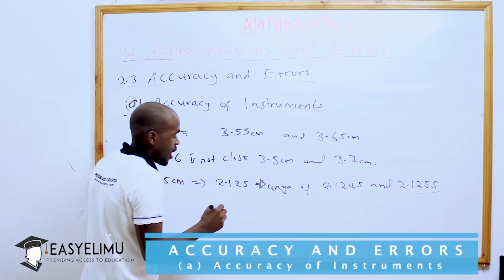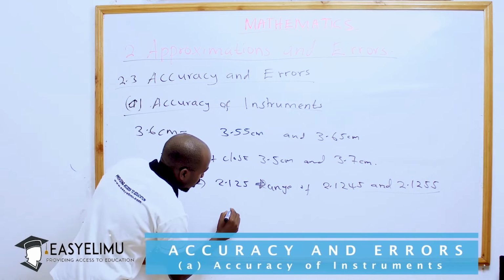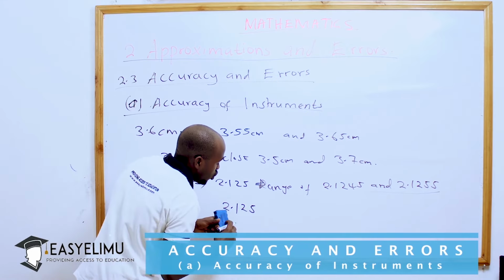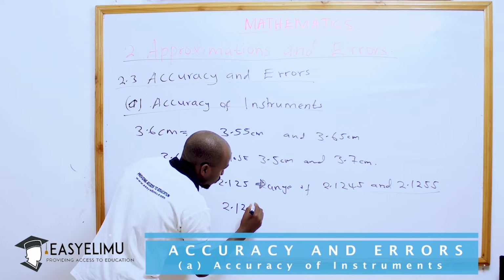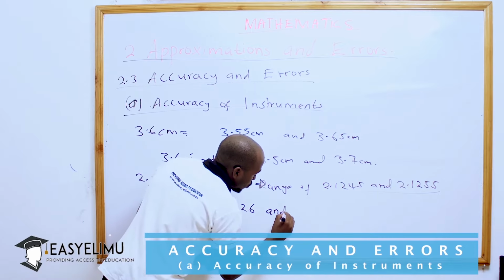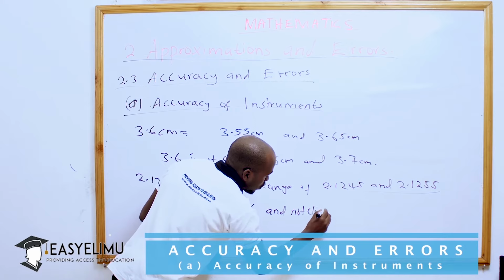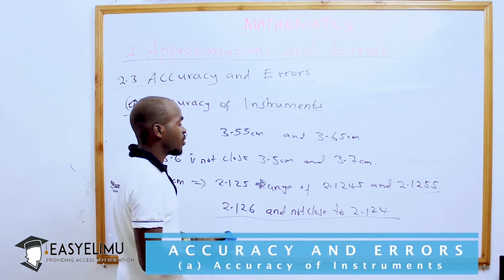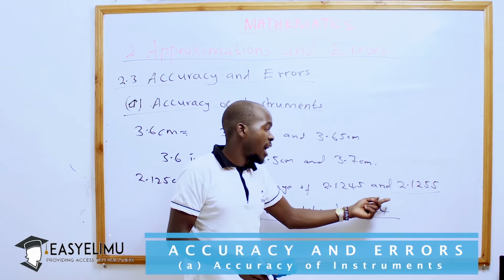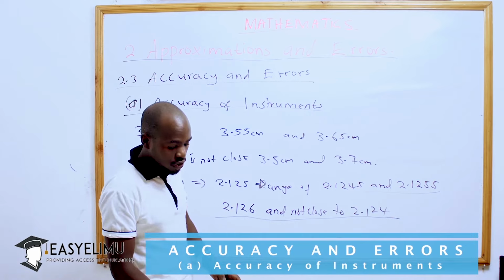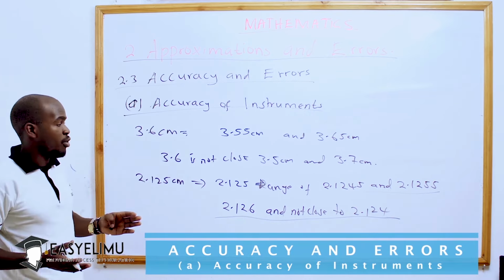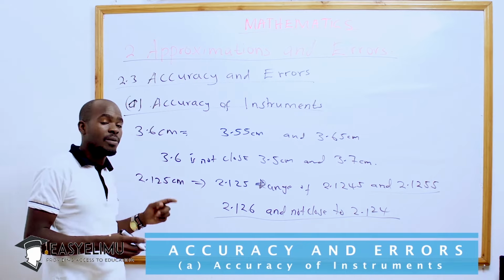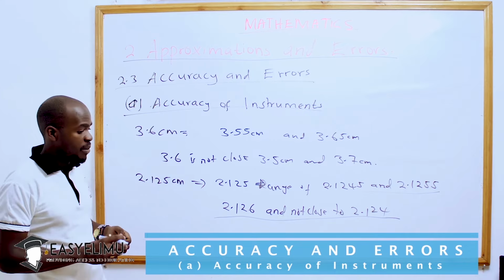It's not close to 2.125, 2.126, or 2.124, but it's close to 2.1245 and 2.1255. That is why we take the middle value as the approximation, and we say this one measures 3.6 centimeters and this one measures 2.125 centimeters.